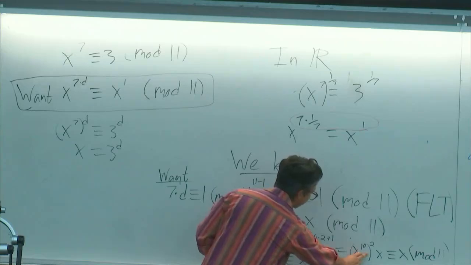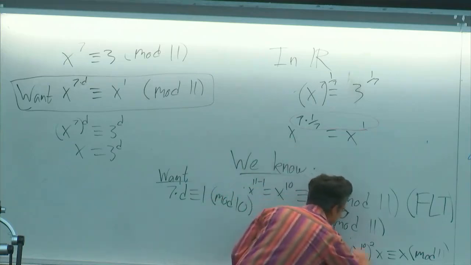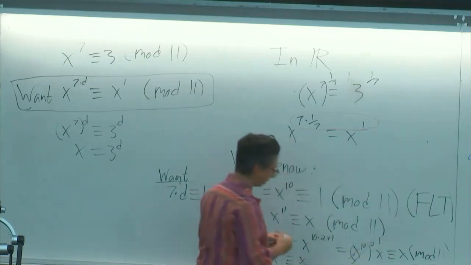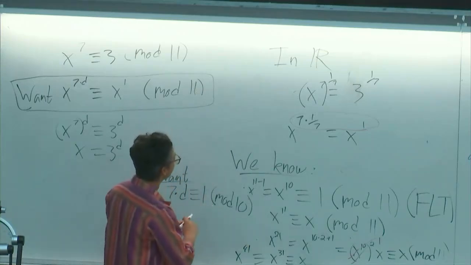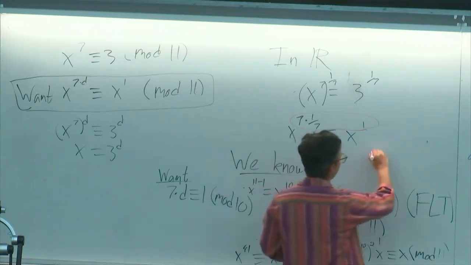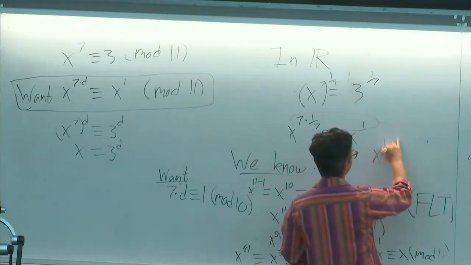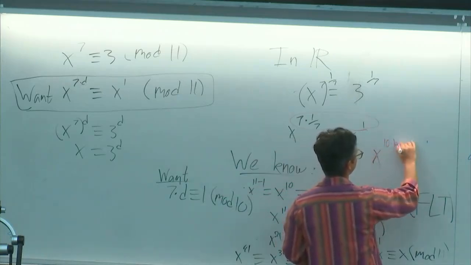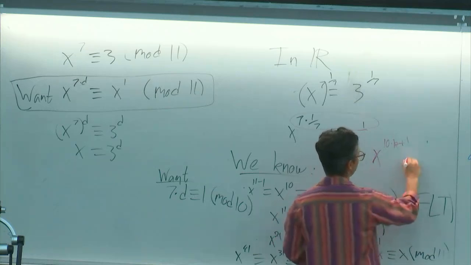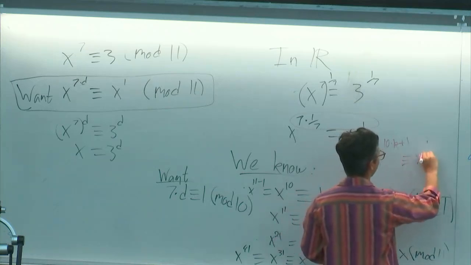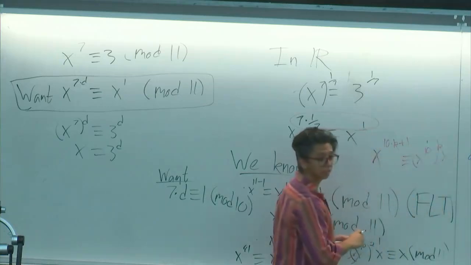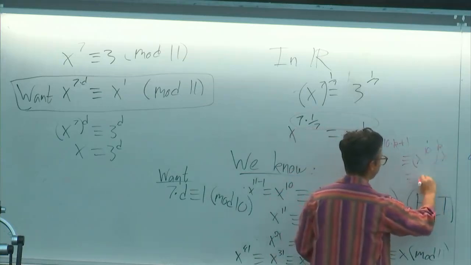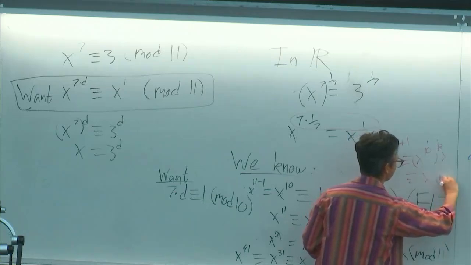And x to the 10, this is where we can use Fermat's little theorem to say that's just 1. Right. So really, x to the 10 times anything plus 1, that will be equal to x to the 10 to the k times x, which will always be congruent to x mod 11.